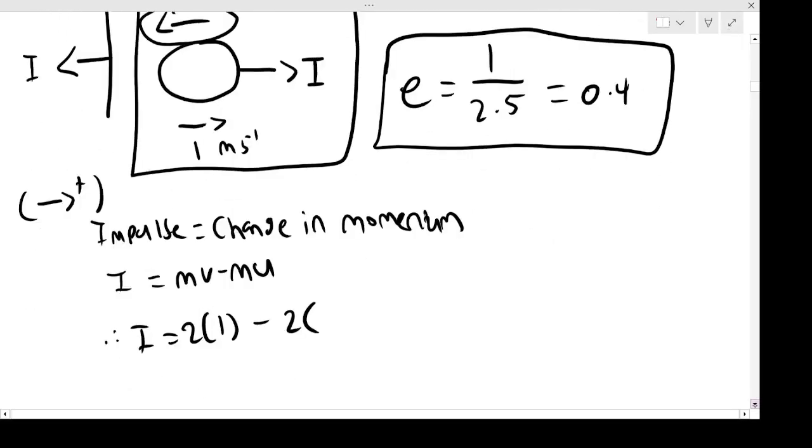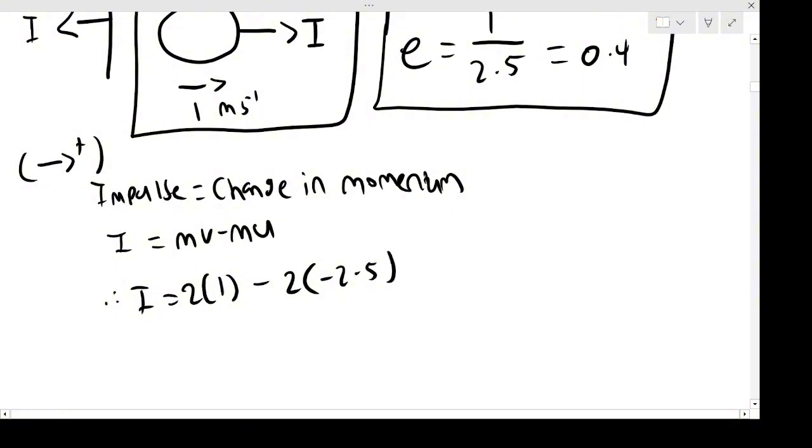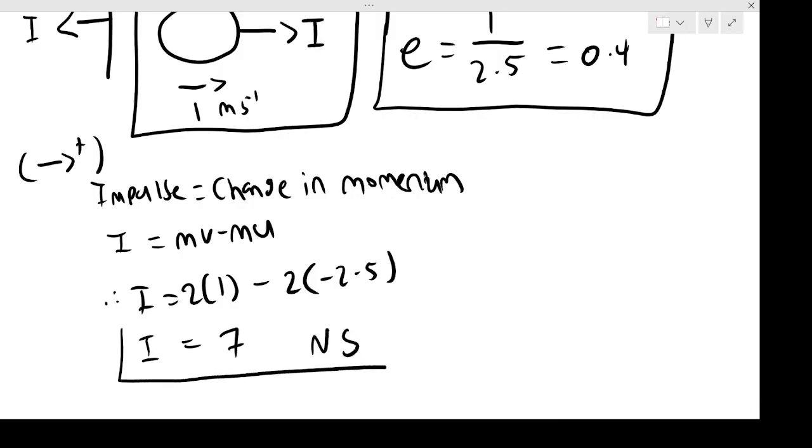So it's going to be minus 2.5 there. So if we work all that out, we get my impulse to be 7, okay, and that is Newton seconds, I believe. But there we are. That is my impulse there.